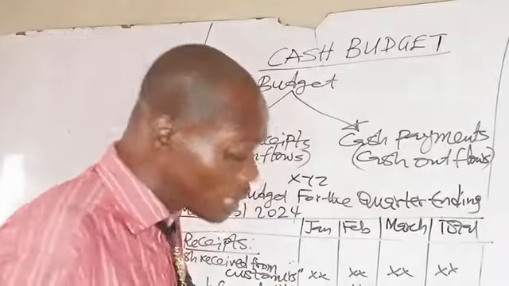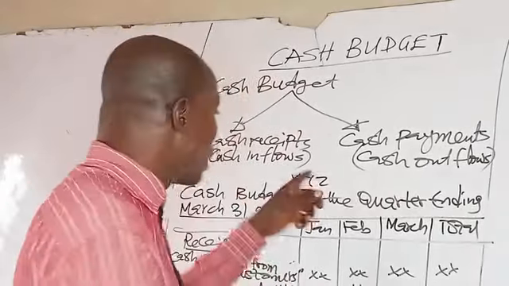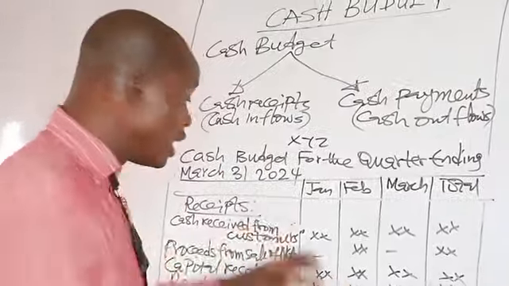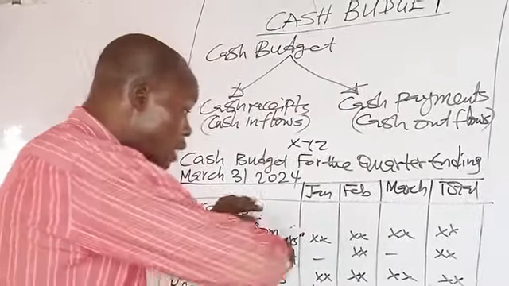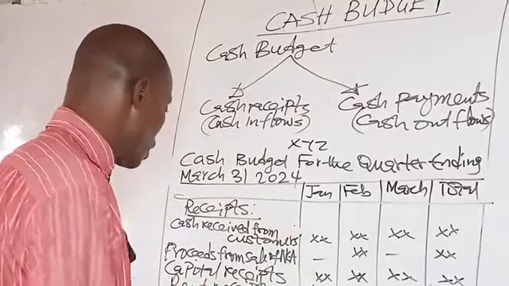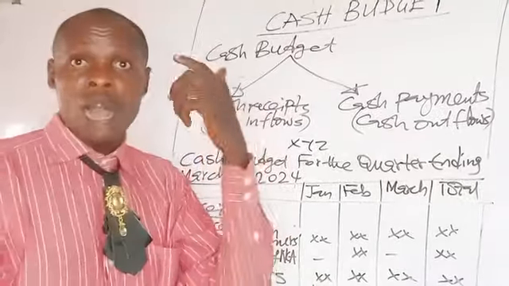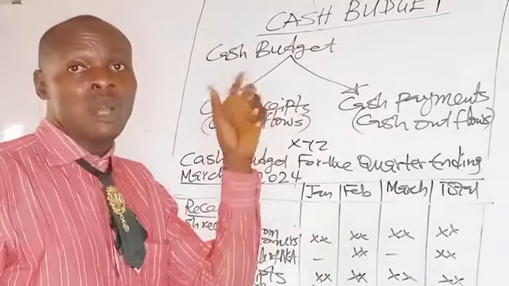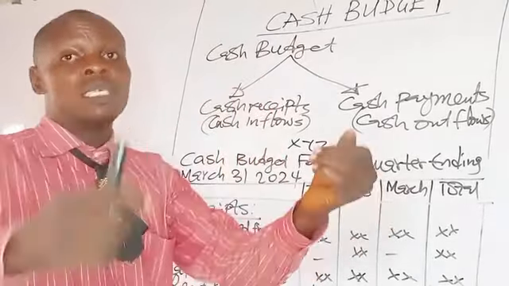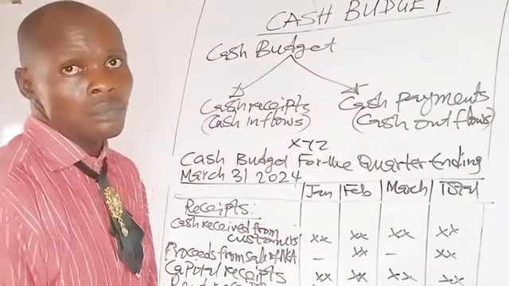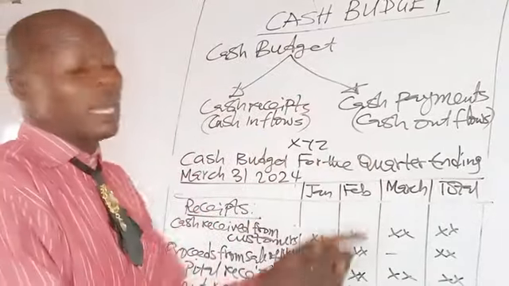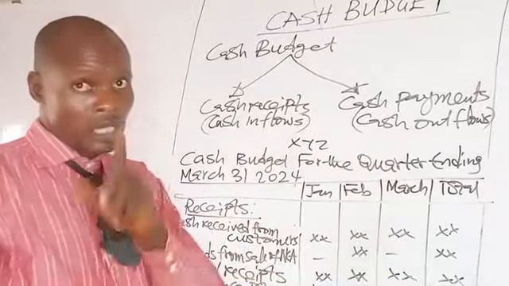You record transactions on cash basis. If you have credit sales, they should not be recorded in the cash budget until there is a receipt. You only enter the amount received from customers into the cash budget, not the credit sales.